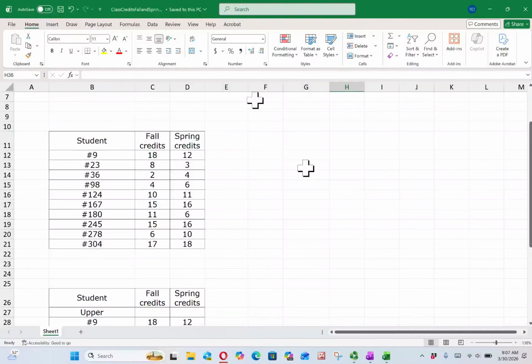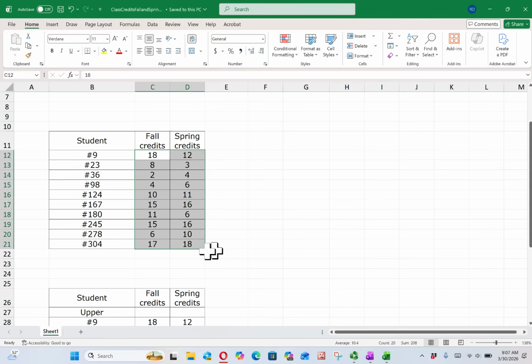And this is the way that they determine how many English classes to have. How many people took English the first semester and need to take English the second semester, and so forth. So they're looking at the relation between the fall credits and the spring credits, and they're trying to estimate the number of spring credits from the fall credits.